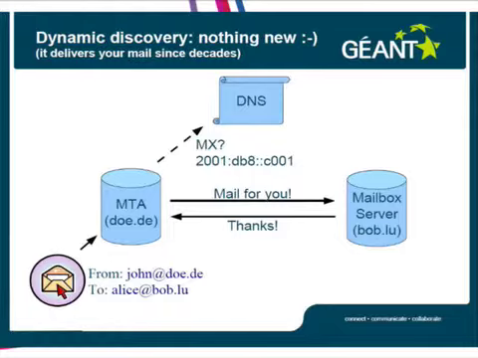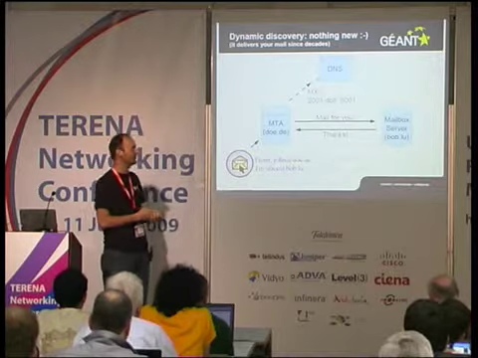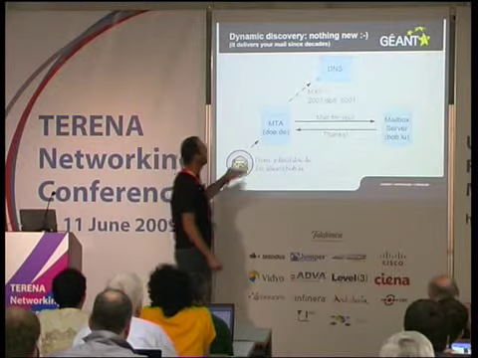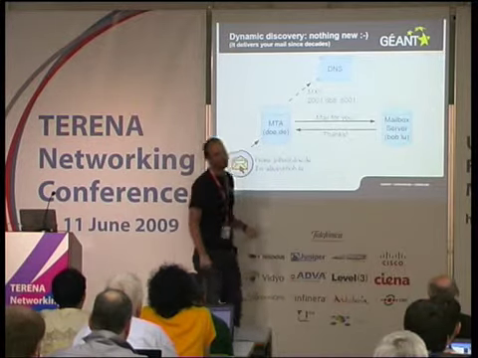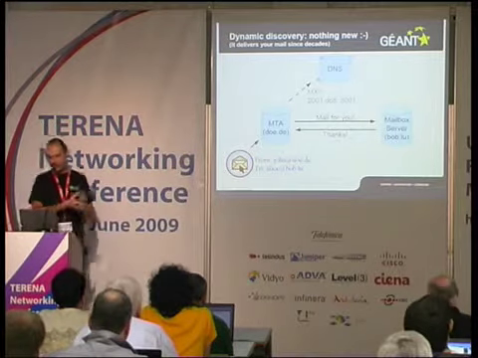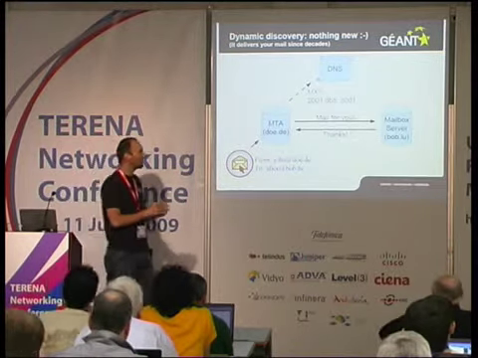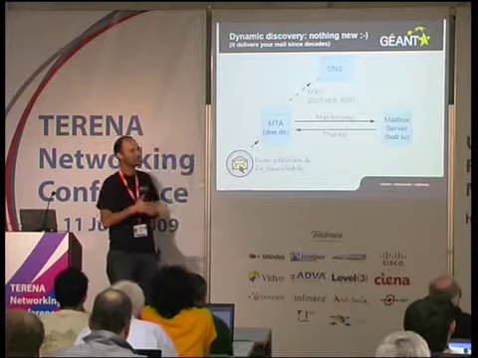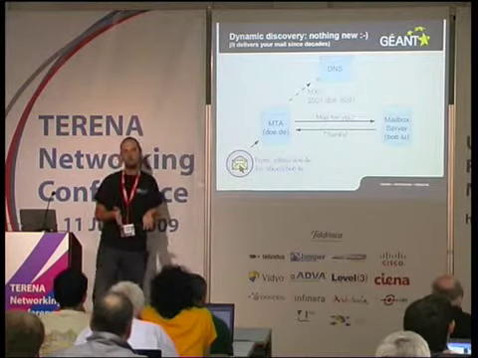And I guess everybody in this room knows the rather trivial answer that there is an MX record in DNS. So you ask DNS, who does the email thing for this domain? You get back an IP address, and then there you go. You send your mail, and that's it. So there is no kind of central or hierarchy as we know it in eduroam. You just ask some repository, get your answer, and deliver your stuff.